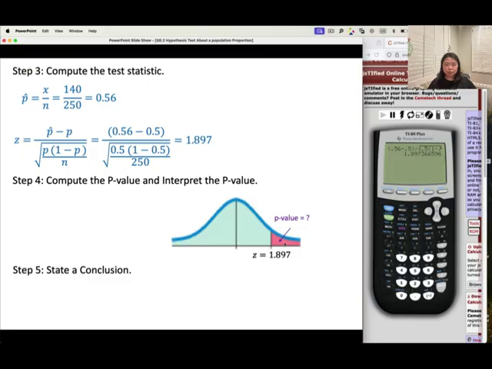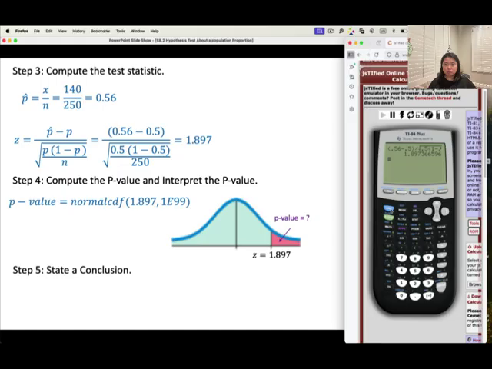So how can you find this area? We will be using normalcdf with lower value and upper value, and this is the standard normal, so the mean is equal to 0 and the standard deviation is equal to 1.